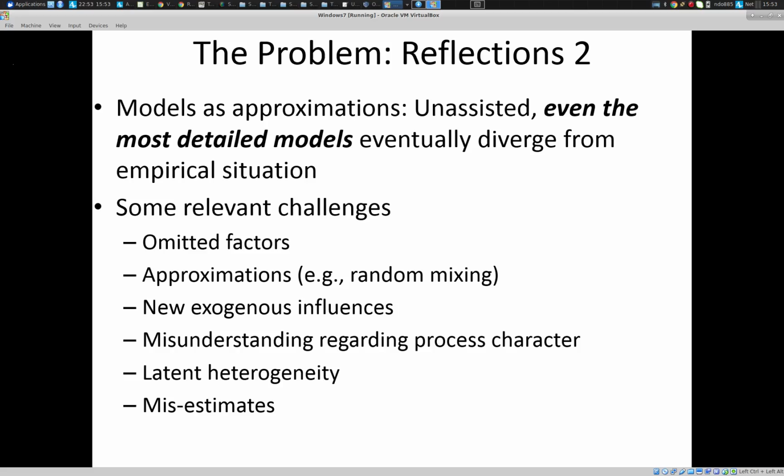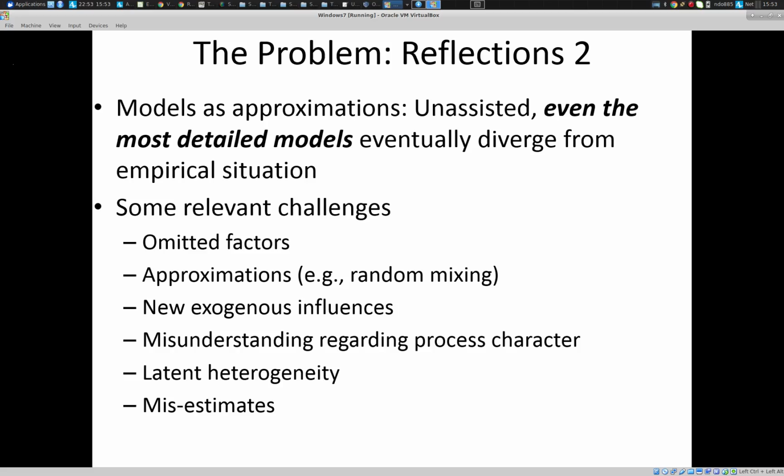The second reflection I'd like to make is that, look, even the most detailed model, if we build it now, most exquisitely calibrated, parameterized model, where we've collected large amounts of empirical data ourselves in primary data collection studies, we've engaged in secondary data reuse, we've tapped big databases of information from administrative data to our smartphone-based collection systems.